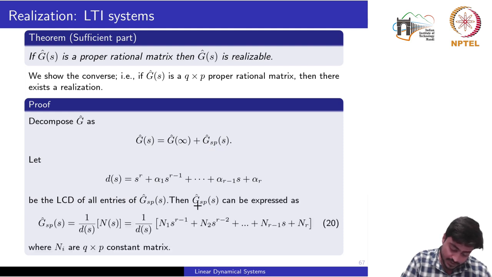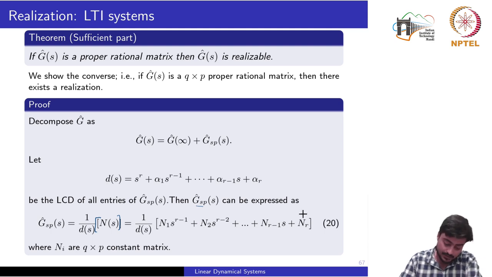Then I can express this G SP as 1 by d of s times a matrix N of s, and this N of s is basically given by this long expression where we have r constant matrices of dimension q cross p. And all these s are scalars.